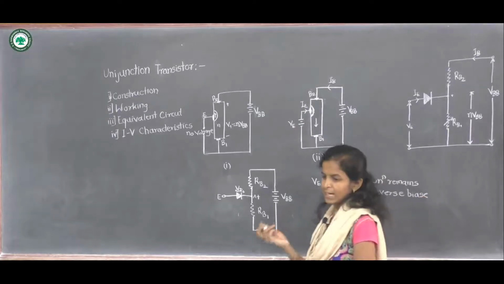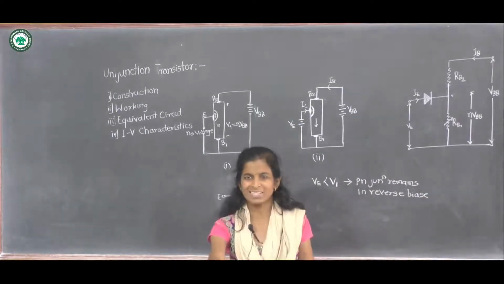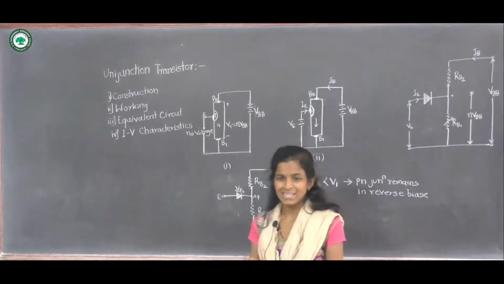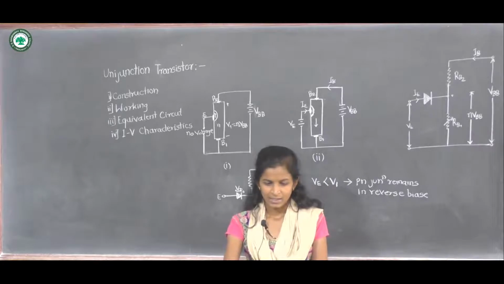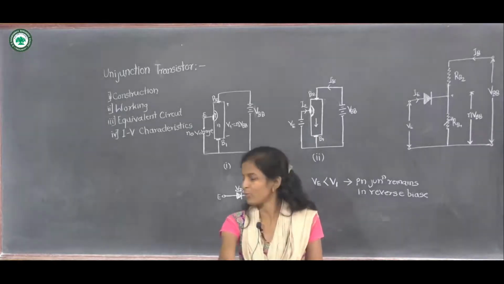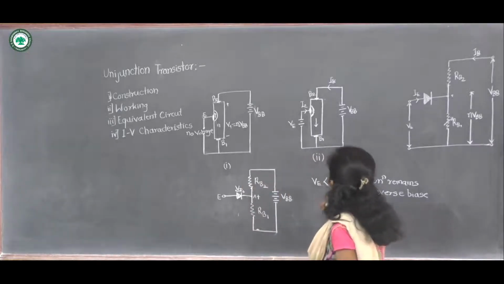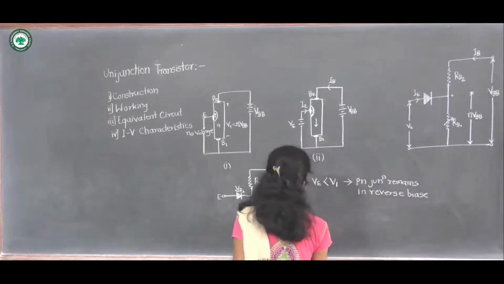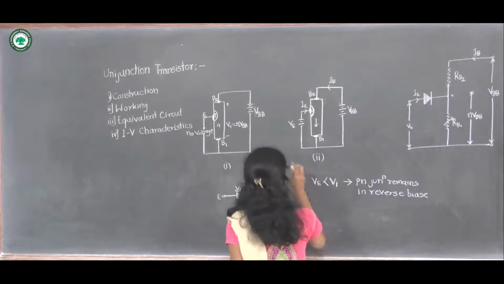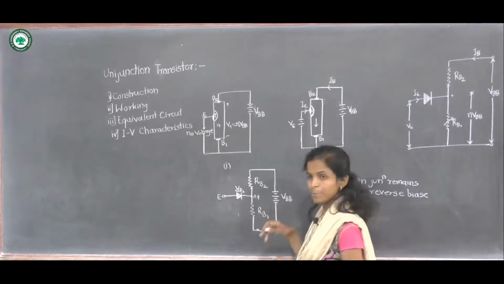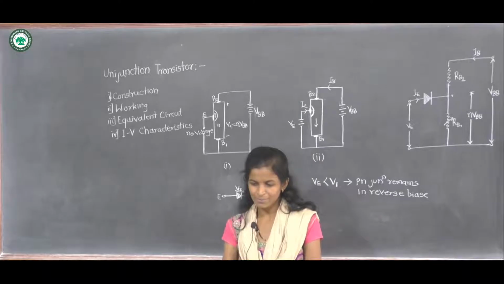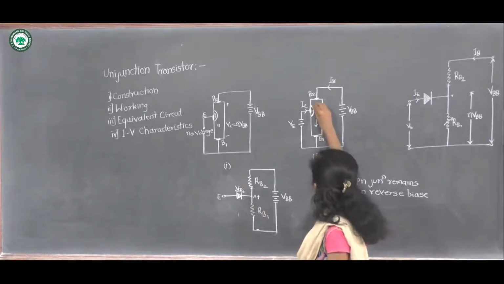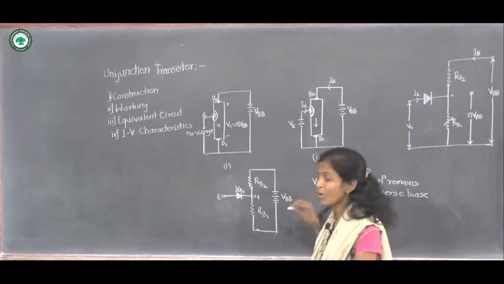But when this voltage VE becomes equivalent to the diode voltage for silicon, which is 0.7 volts, the current starts flowing and this PN junction becomes forward biased.